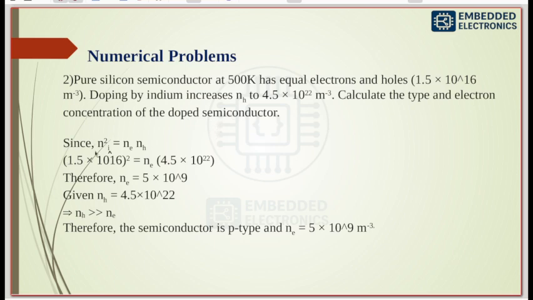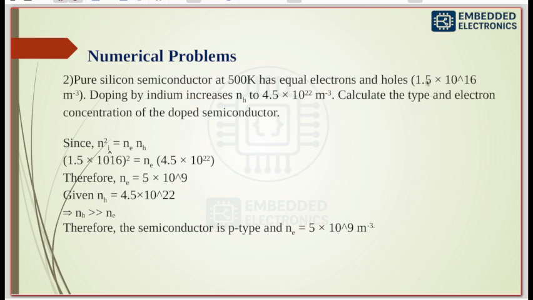So we have a formula: Ni square equals Ne into NH. The intrinsic charge carrier concentration we have, substitute it, that is Ni square equals number of electrons, which we don't have, right? So we need to find the electron concentration Ne. The hole concentration we have, just substitute.